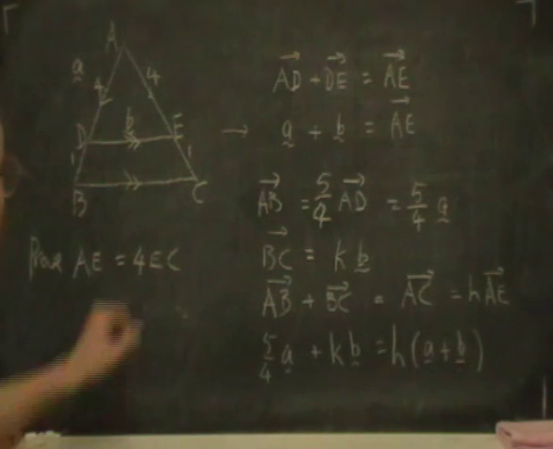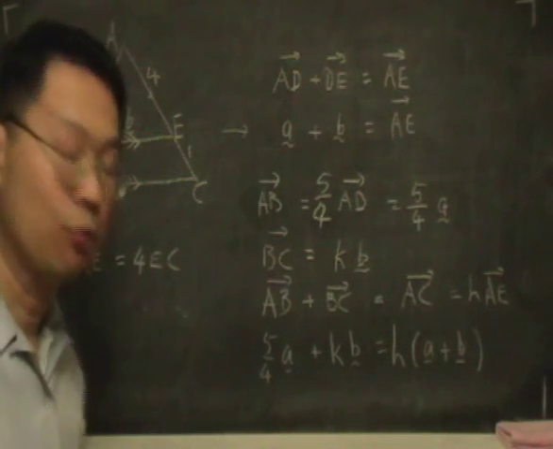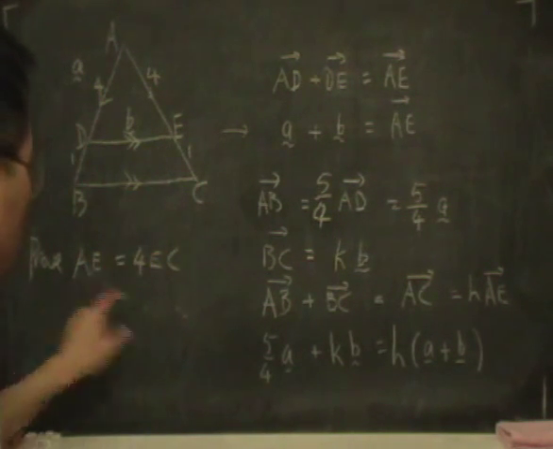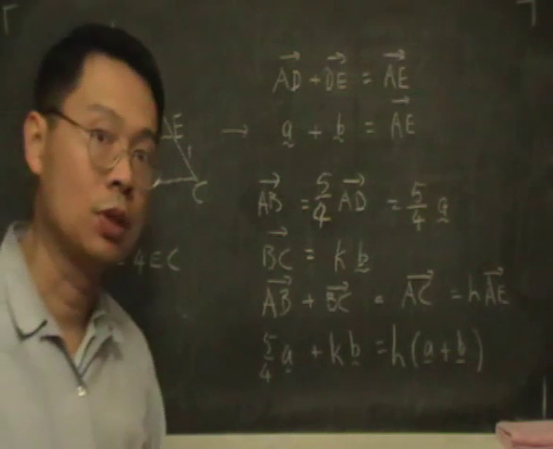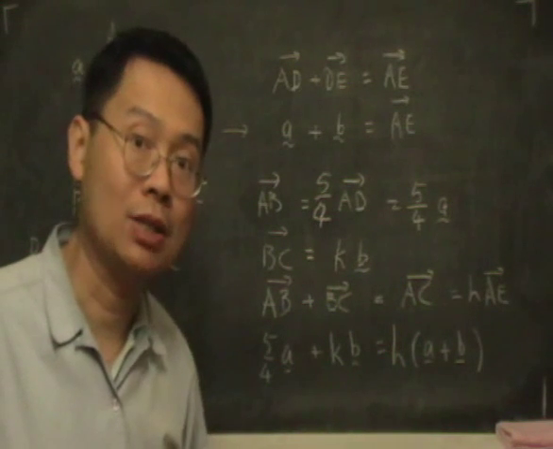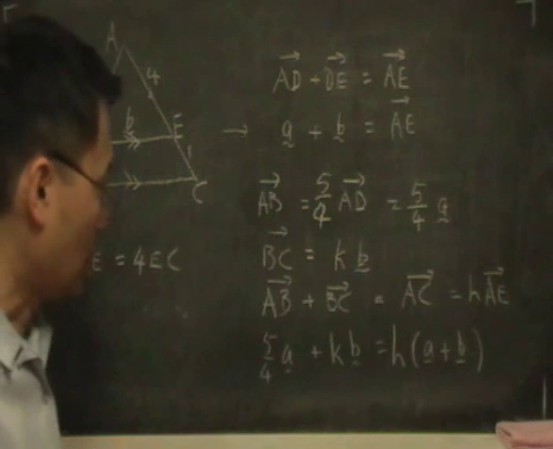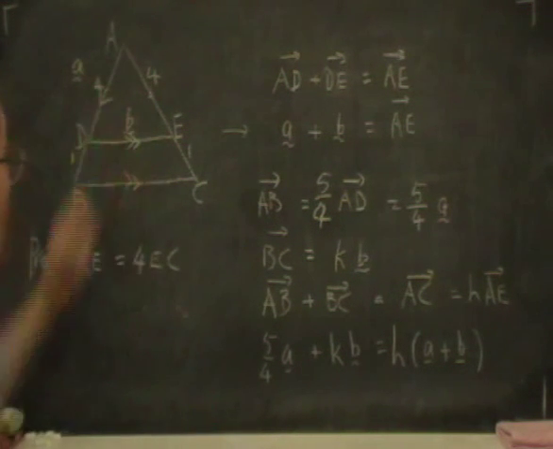So that simply means that AE is actually 4 times EC, which is what we set out to prove. So this is how we can make use of the idea of independent vectors to actually calculate answers for questions like this.